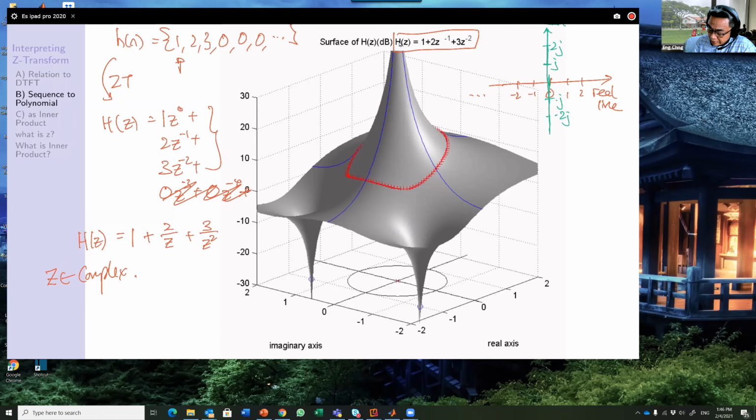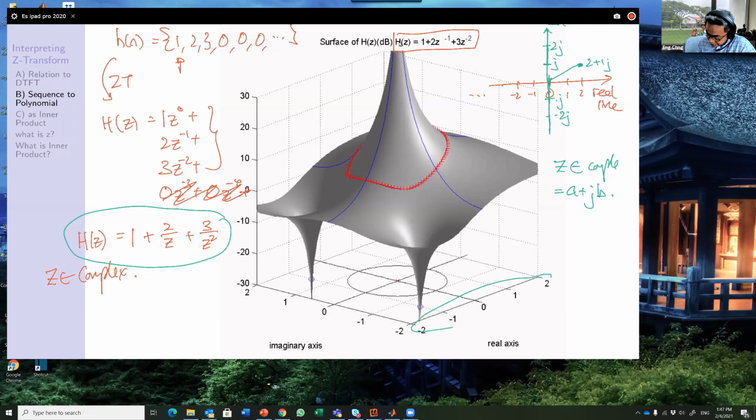Now, if I give you z belongs to the complex numbers, for example some a plus jb, then this point would be 2 plus 1j. So everybody knows this. Now with that, we are going to begin to sketch this function. So how do we sketch this function?